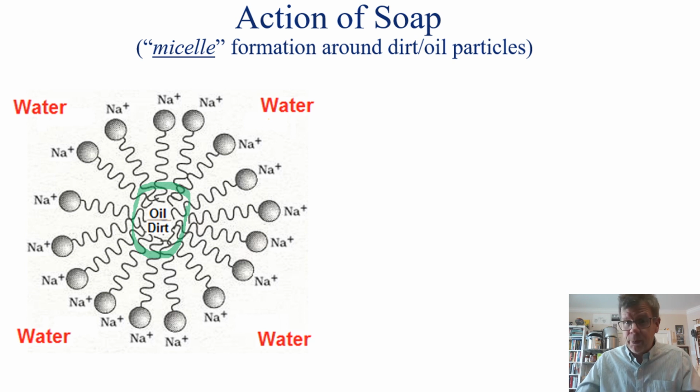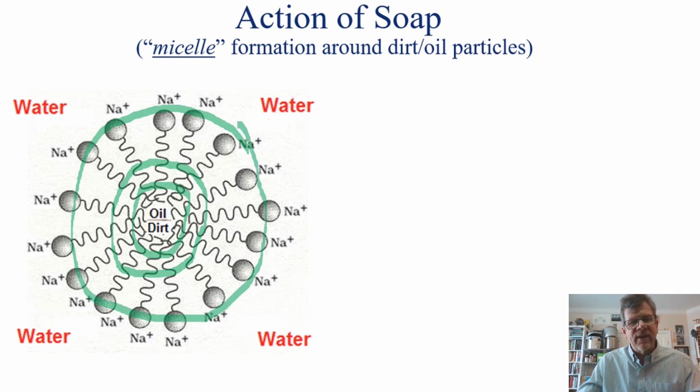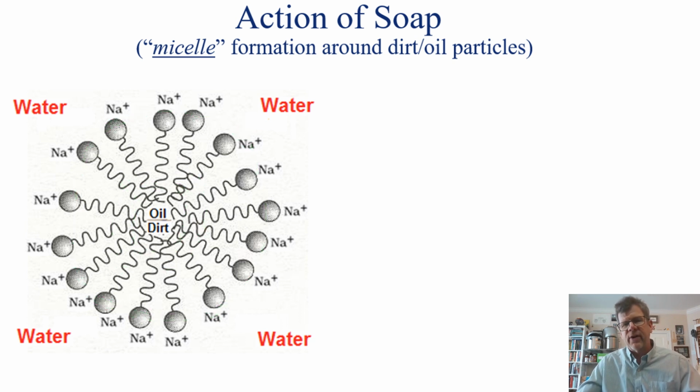When we use soap, we form an uncountable number of these micelles which shuttle away this oil and dirt in the dissolved state, because this entire micelle is dissolved into water and is then flushed away down the drain using the water coming out of the faucet.